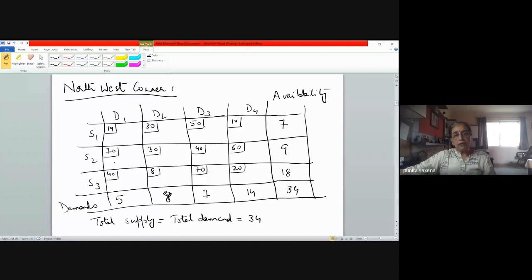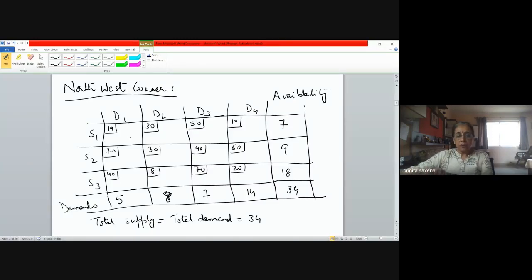But what if supposing the demand had been 5 and the supply had been 4? Now obviously it needs more, but the source cannot give more. The source can give only up to what it has. So in that case, the minimum of 4 and 5 would have been 4, so we would have supplied 4 units here.